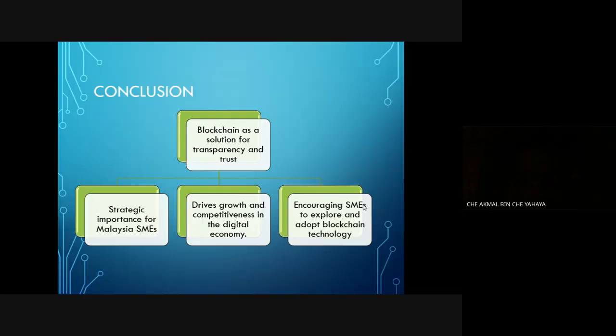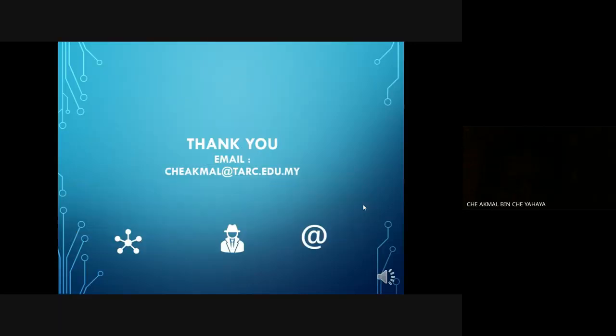Next, drive growth and competitiveness in the digital economy, because we are going towards Industry 4.0 and incoming 5.0. So this becomes the main one in the digital economy. And last one, encourage SME to explore and adopt blockchain. And that's all.